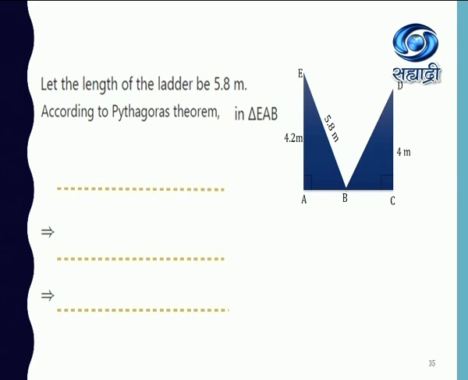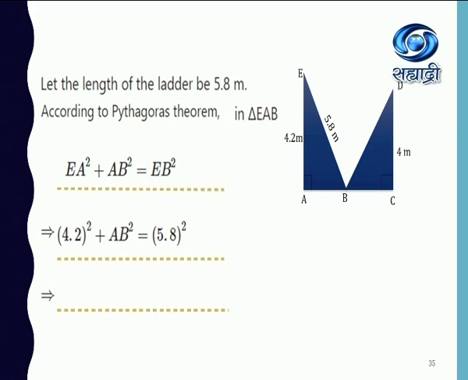According to Pythagoras theorem, if you consider the first triangle EAB, you can see EB is the hypotenuse, and AE and AB are the sides making the right angle. So EA square plus AB square gives us EB square. As we are supposed to find the width of the street, we are interested in AB. So AB square can be found from the remaining 2 values, because we have the length of the ladder 5.8, and the height of that building 4.2.